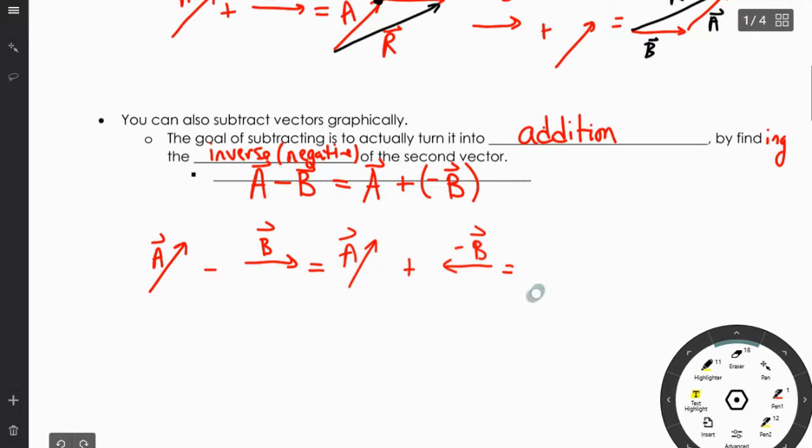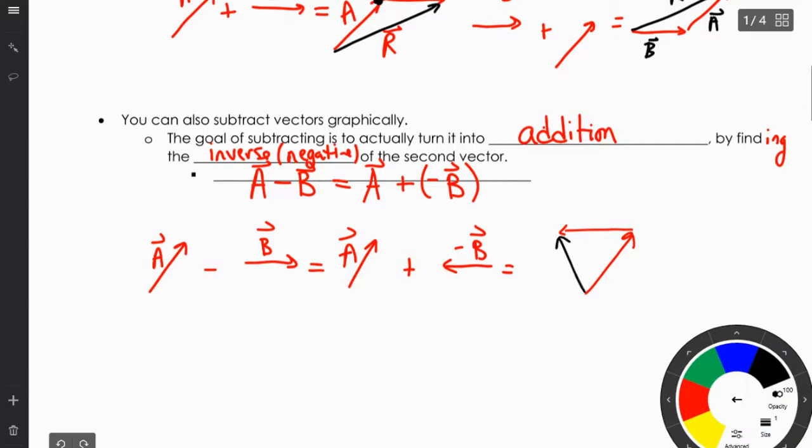Let me move this. So here's A. I'm going to add negative B, and now here's my R. So this is A, this is negative B, and this is now R.